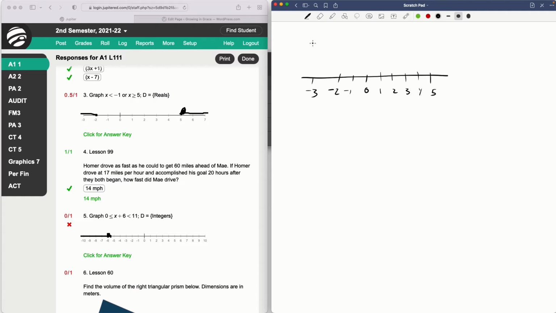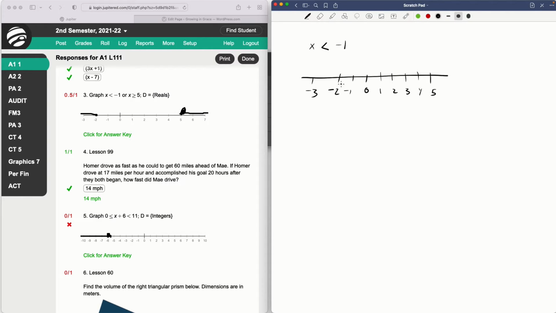When it says x is less than -1, it can't include the -1 because it's less than that. It can go right up to it, like it could be -1.1 or -1.01 or -1.0001, but it can't include -1.